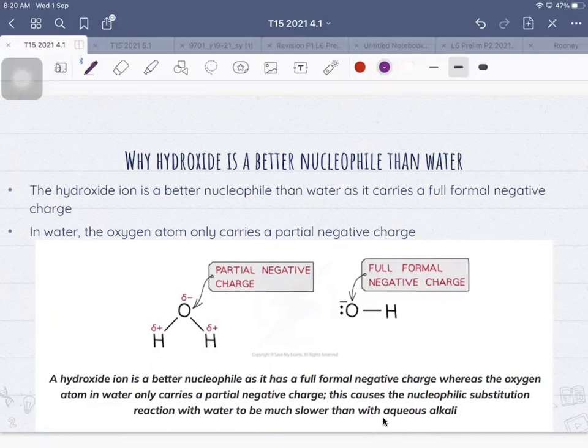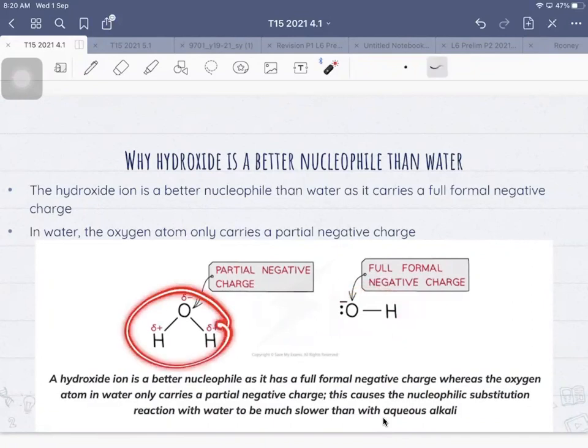If we compare a hydroxide ion with water as a nucleophile, maybe include the lone pair there so you know where the lone pair is coming from. Hydroxide has a full negative charge, whereas water has only a partial negative charge.